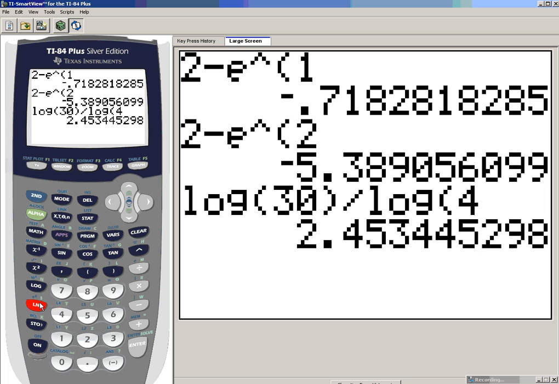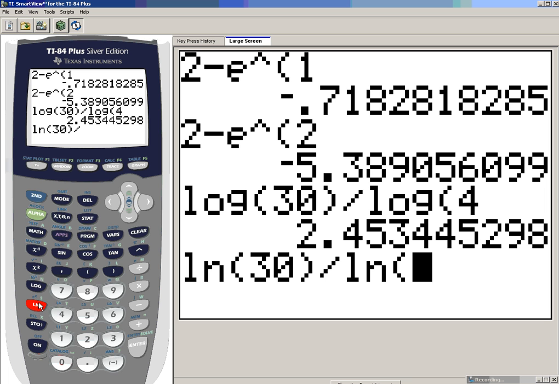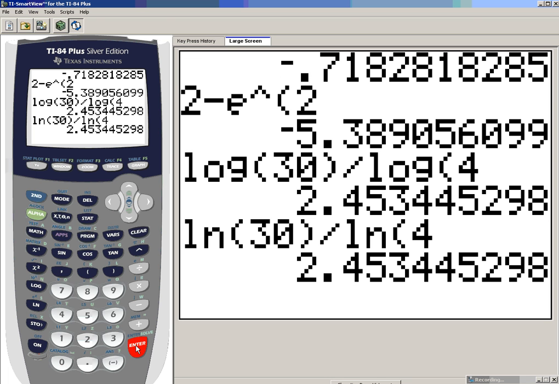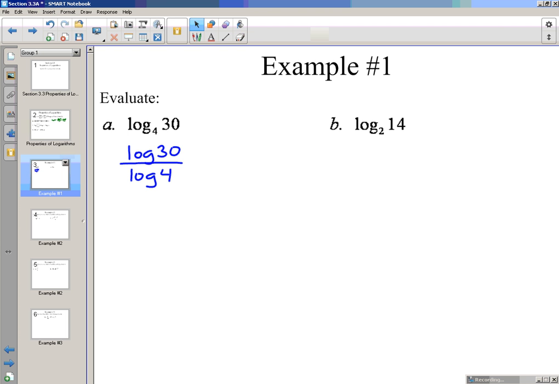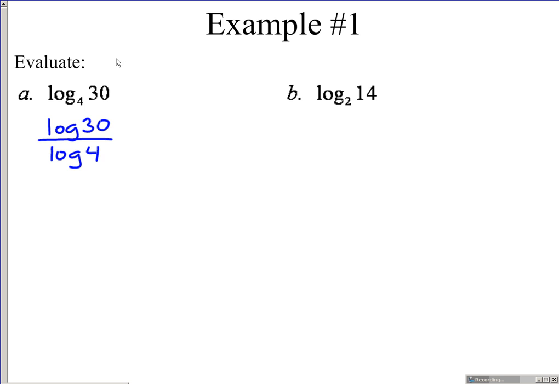Notice if we do natural log of 30 divided by natural log of 4, we get the same answer either way. So again, it does not matter. You don't need to write both of them down unless the directions specifically say to, but on a quiz or a test, one or the other is sufficient. So here we get 2.453.